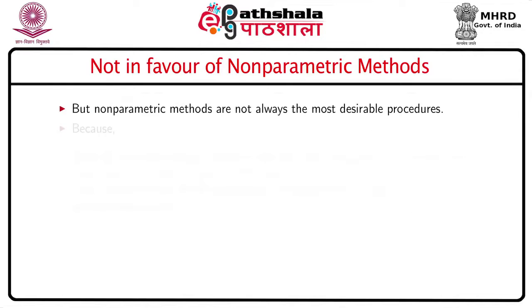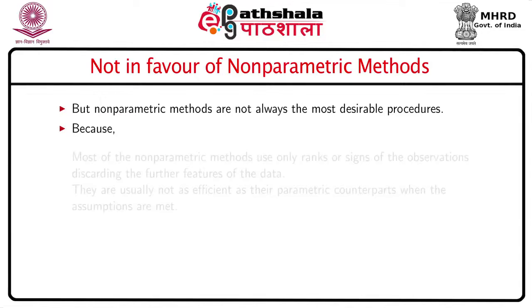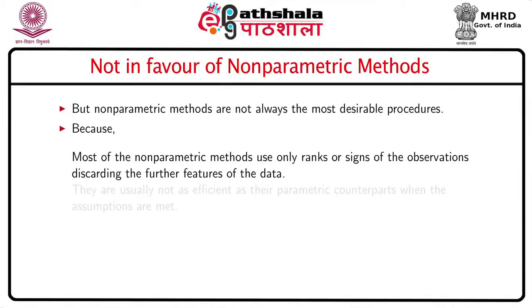But we can't use non-parametric methods blindly, and it is not always the most desirable procedure, because most non-parametric methods use only ranks or signs of the observations, discarding the other features of the data.